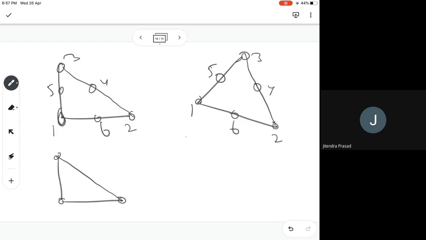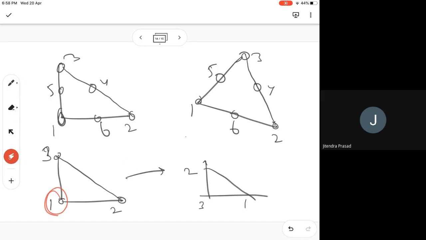Okay. So what I mean to say is, if you have points 1, 2, 3, just these 3 points can define all the other points. So this point 1, 2, 3, you can map it as 3, 1, 2. So whatever the values of x1, y1, x2, y2 are, here we will have xi1 and xi2.